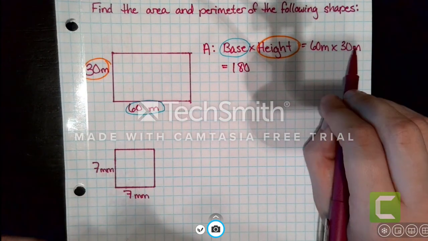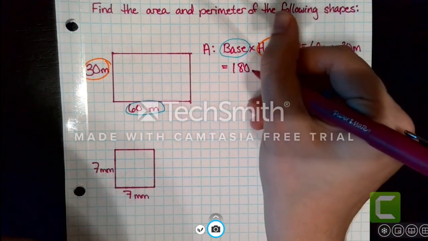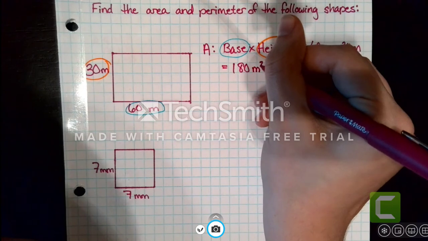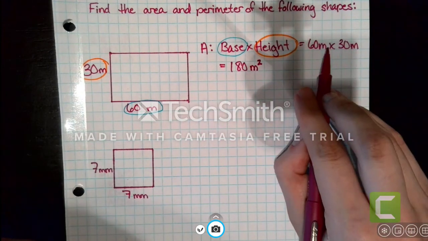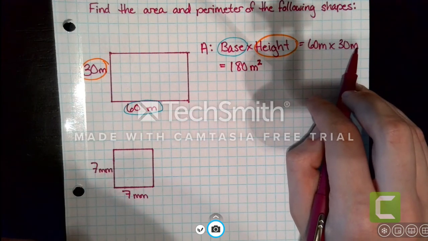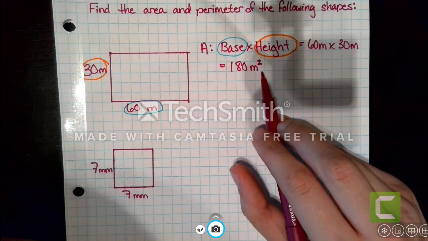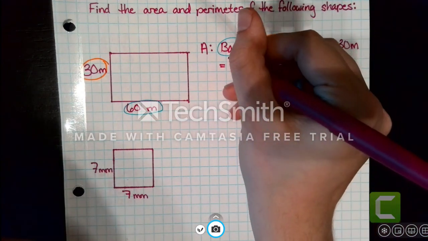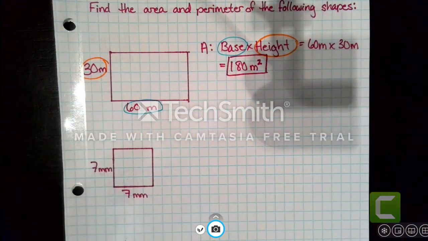So when you have 2 units being multiplied to each other in a formula, we write our units as meters squared. We treat these as we do with variables. When variables get multiplied by themselves, we square them, which means that for units, we have to do the same thing. When you're working with area, you should have the units squared every time.